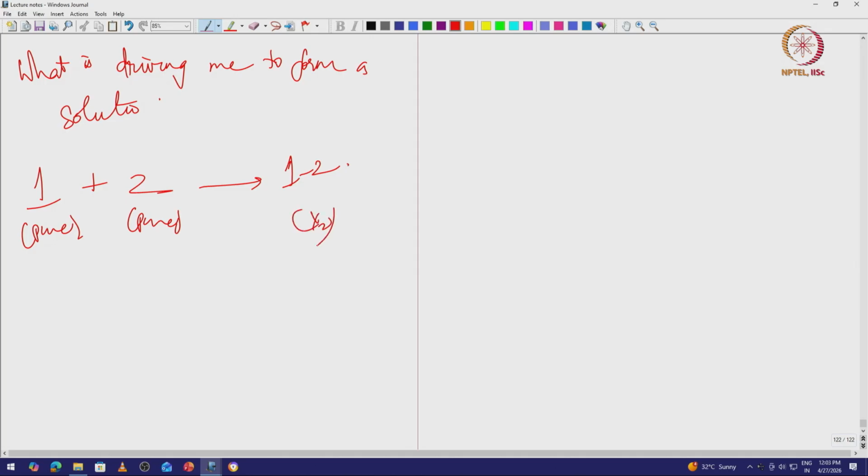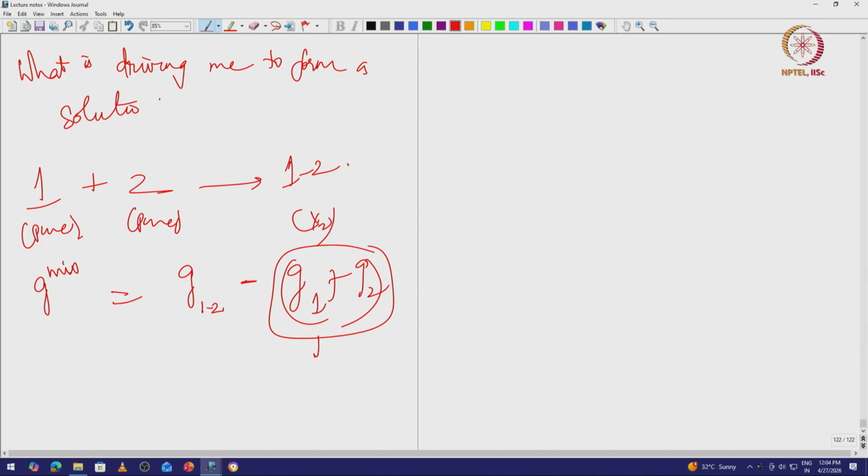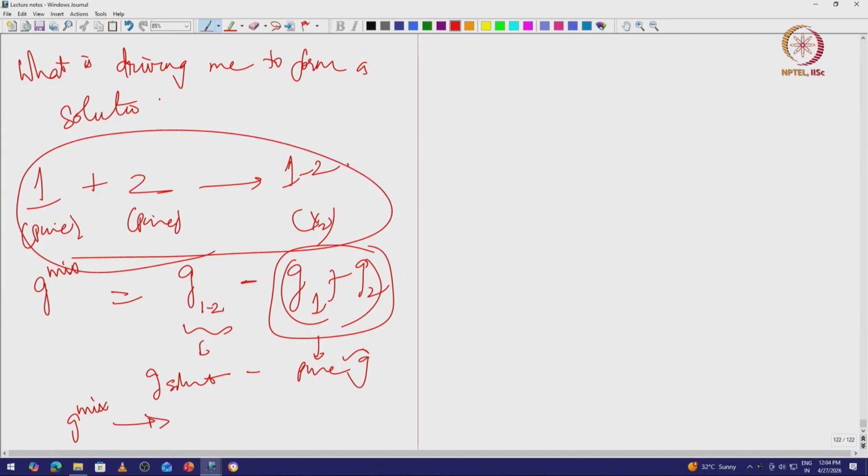The way I have defined G mix is the delta G of this reaction, right. So, G12, the G of the solution, minus G1 minus G2, where these are pure G's and this is the average G in the solution. If I write this in chemical reaction form, pure 1 and 2 are contaminating to form a solution 1 2.